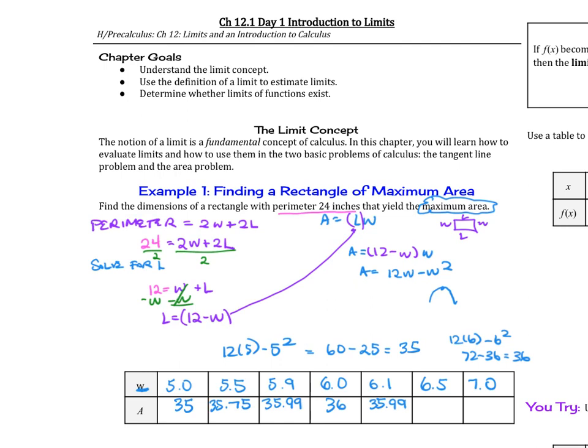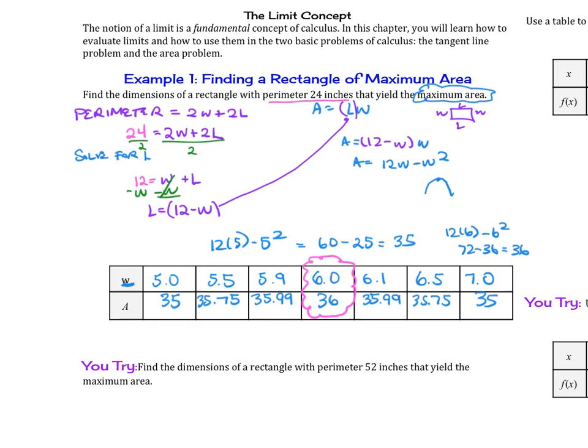So 5.5 is 35.75, therefore 6.5 will also be 35.75. And then at 7.0, that'll be 35. So we find that 6.0 is the maximum area.